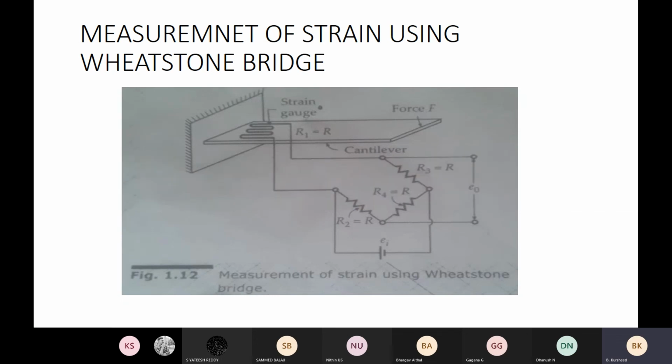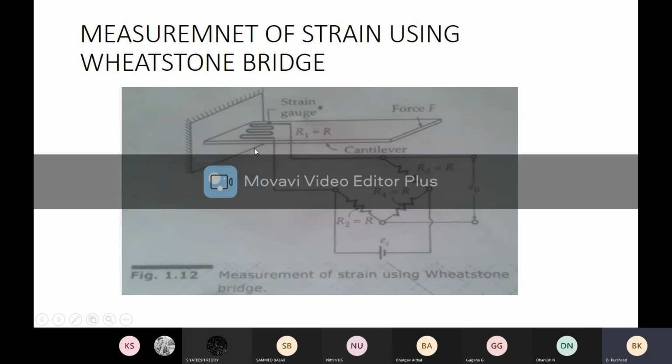So we should search for a material which is not affected by temperature. Then if you use that material here, this strain gauge resistance will not vary with respect to temperature. You can give this as an example for the first one.